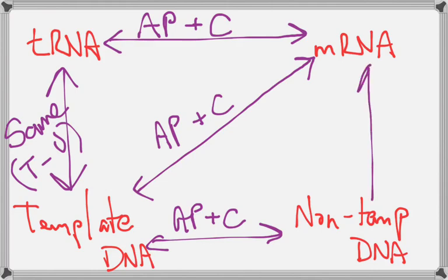How about this one? mRNA and non-template DNA. They're the same. Because think about it, look back to this example. If this is our template DNA, non-template DNA is the strand that doesn't get transcribed.